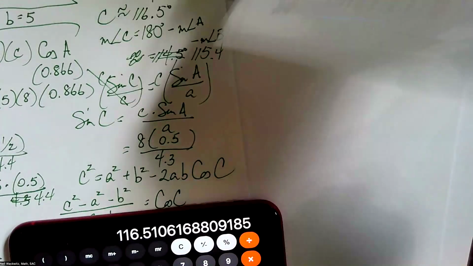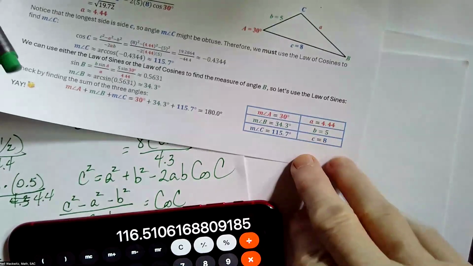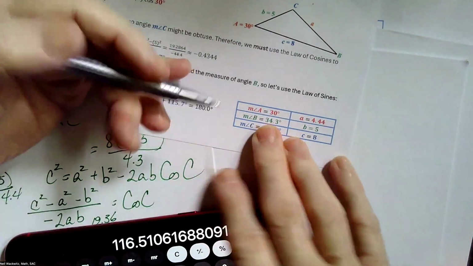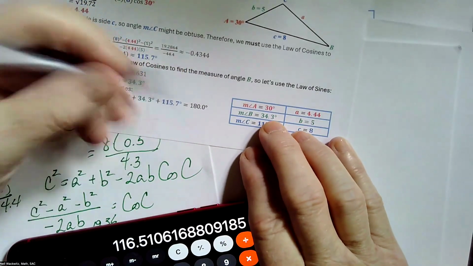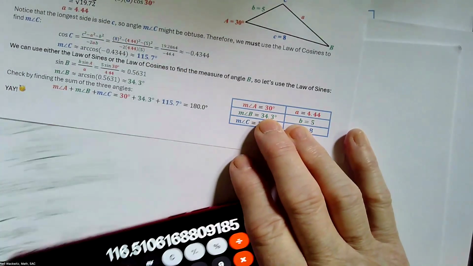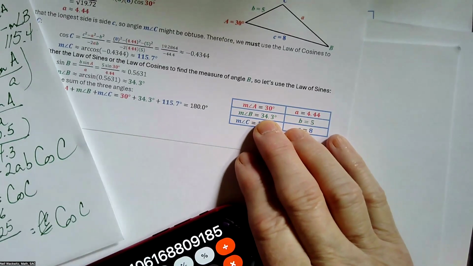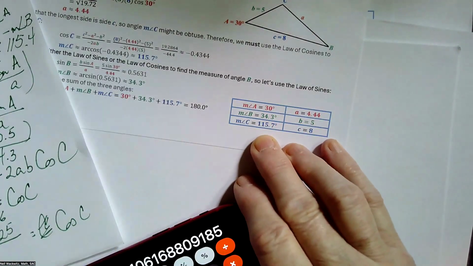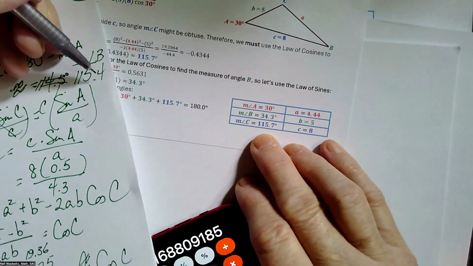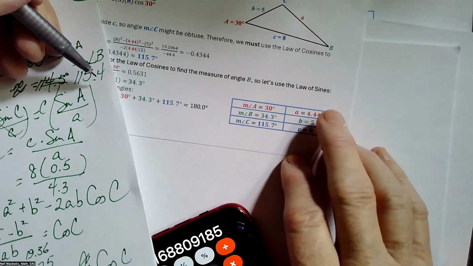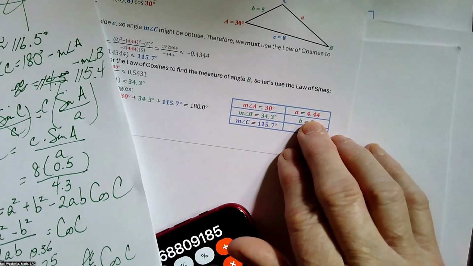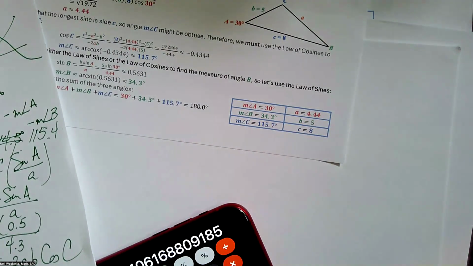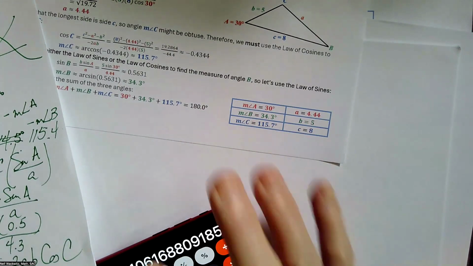Let's compare those numbers with what we got on the notes. 34.3, and I said 34.6, so that's close. 115.7, we said 115.4. 4.4. I used 2 decimal places. I see. That's how we got a little bit closer. Okay, great.